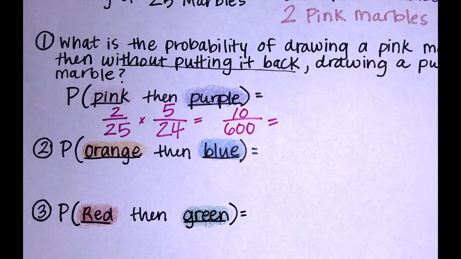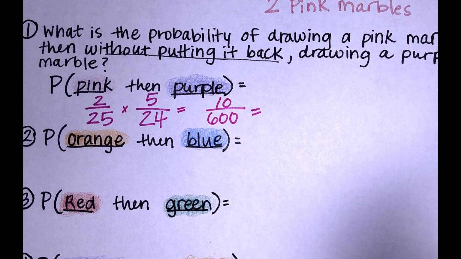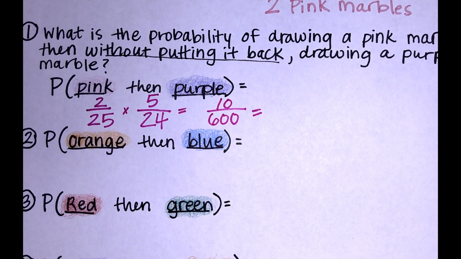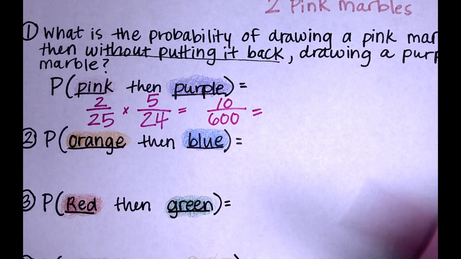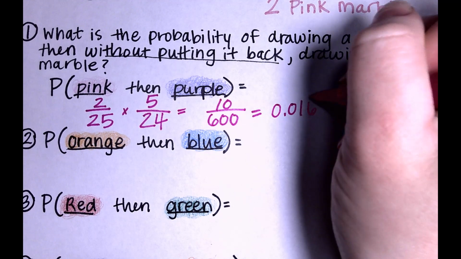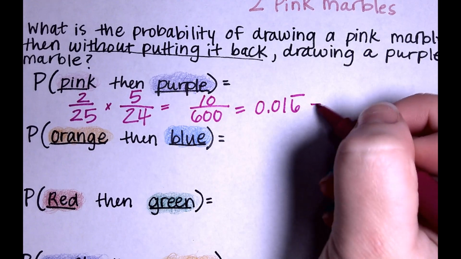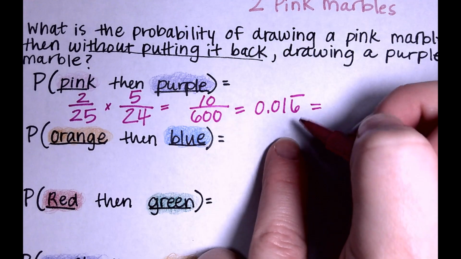We could simplify this, but let's go ahead and get to the decimal part. So 10 divided by 600, what does that give us? 0.016 repeating. Perfect, 0.016, and that 6 repeats. Okay, and our percentage?